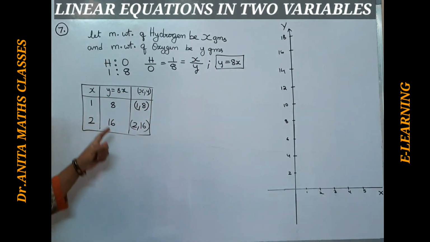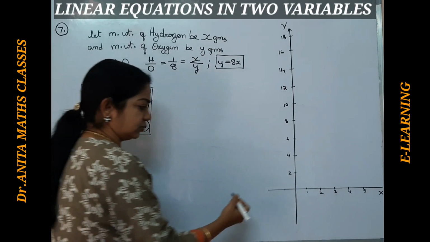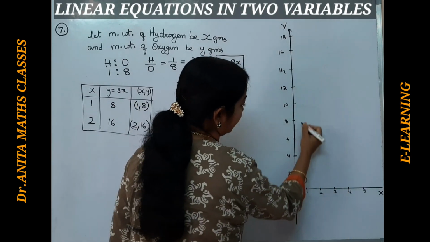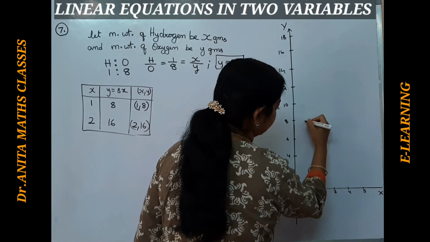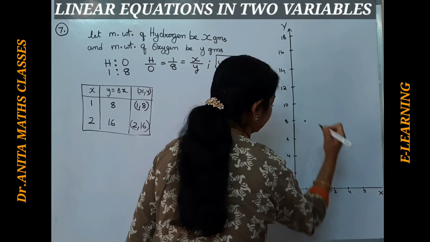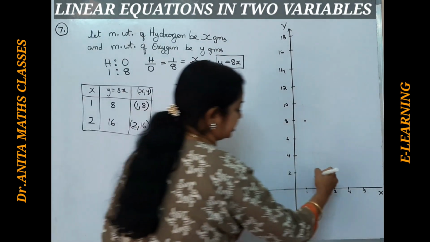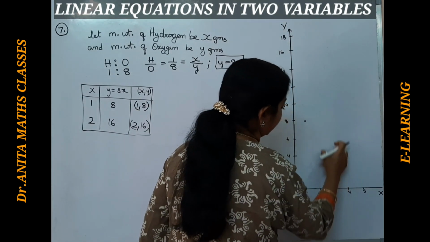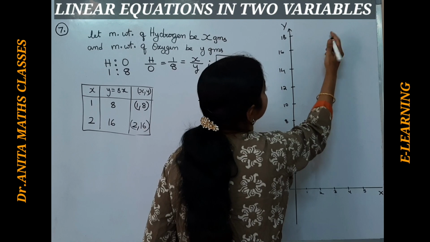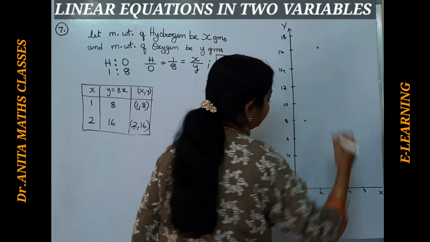Now let's plot 1 comma 8, exactly this point, and 2 comma 16, somewhere here.